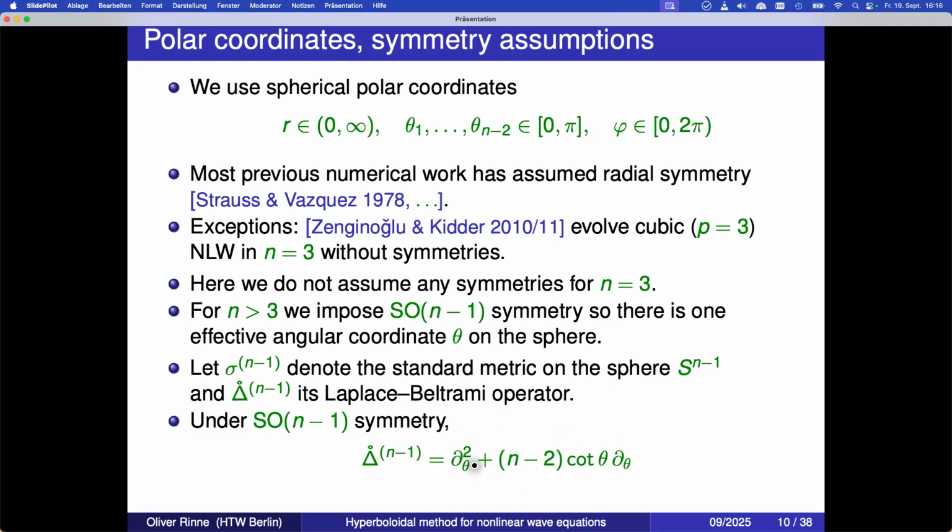So you can see it only has theta derivatives, because it doesn't depend on all the other angles anymore. So these are the only terms which are left. In 3 dimensions, you just have here 1 times cotangent of theta times the partial derivative with respect to theta. And in n dimensions, you correspondingly have a different number here.